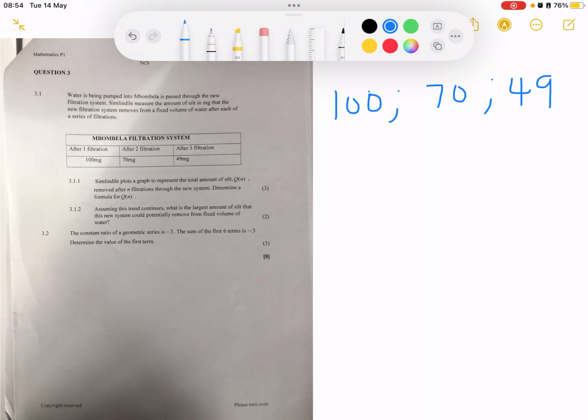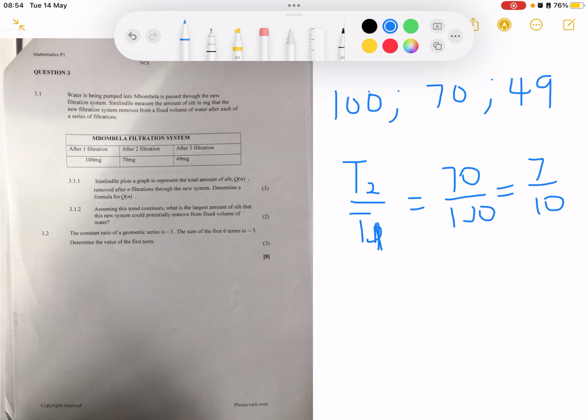So by default we get into geometric, and by geometric we need to calculate the ratio, which is given by T2 over T1, which is 70 over 100, that is 7 over 10. That is the constant ratio. And if you say 49 over 70, then you also get 7 over 10. And therefore we can confirm that this is a geometric series.